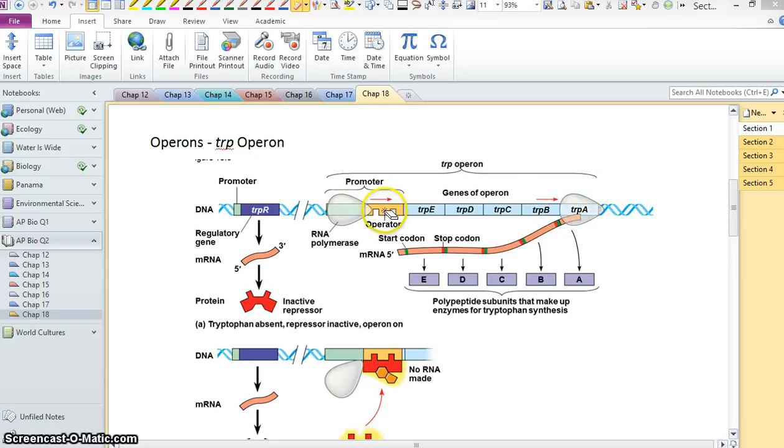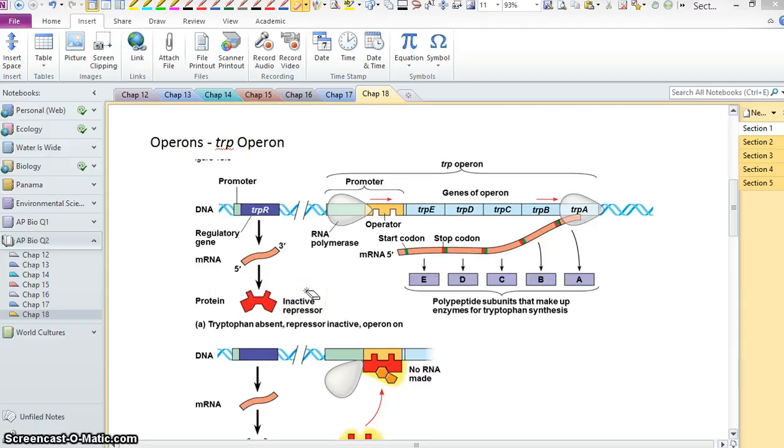There's also what's called the operator, and a section of DNA that the polymerase will bind to, and this is collectively known as the promoter, and it's again the area where the polymerase goes. Further upstream of the operon is a gene that is responsible for coding for a protein known as the repressor.